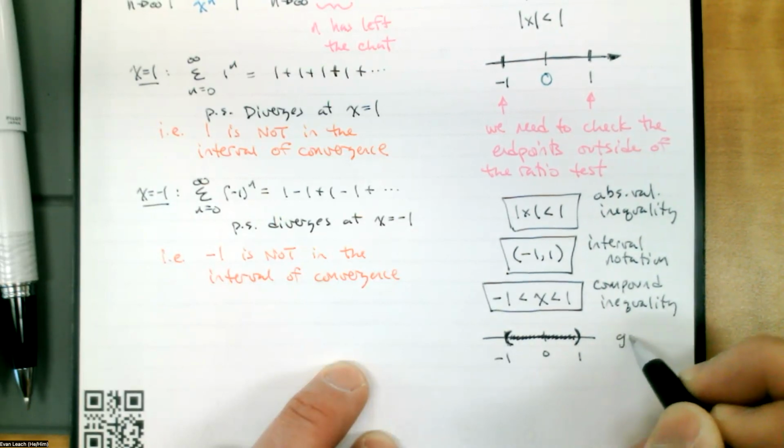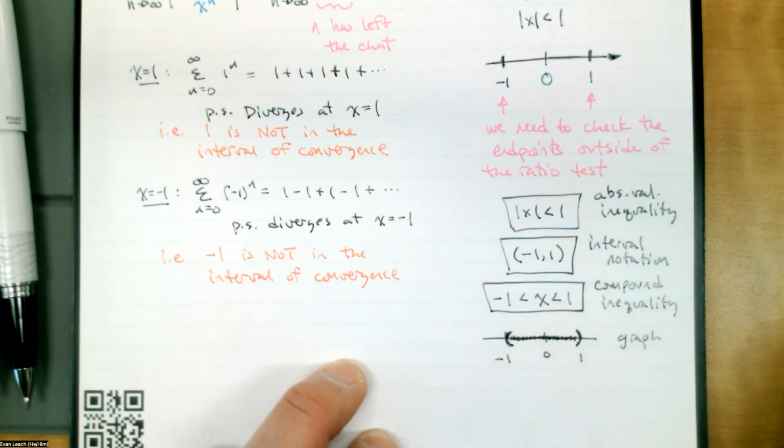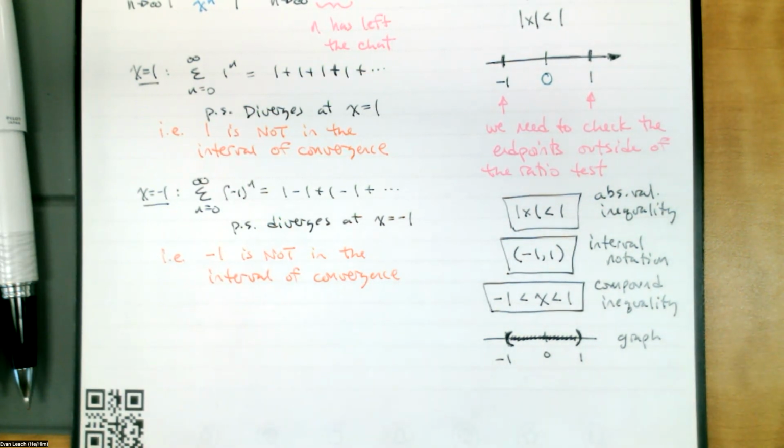And this last one is a graph. All ways to describe the same thing. In the interval notation and in the graph, I use parentheses to indicate that an endpoint is not included.